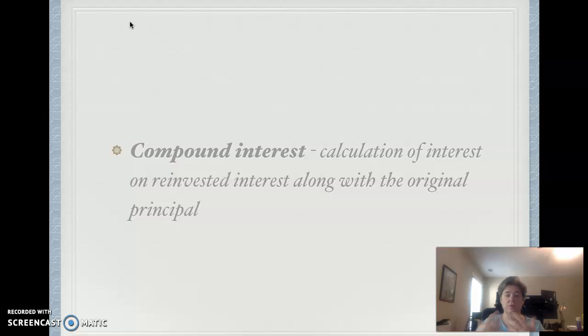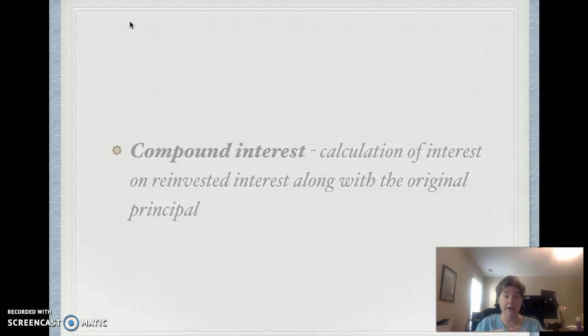Okay, nominal interest rate is this account earns X percent of interest. We'll get to that in a minute. Compound interest is the calculation of interest on reinvested interest along with the original principal. For example, if I earned 5% interest on an account and I had $100 in there, at the end of the year, compound interest means that they put that $5 that I earned in interest.